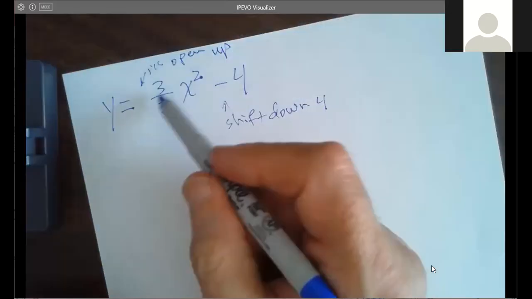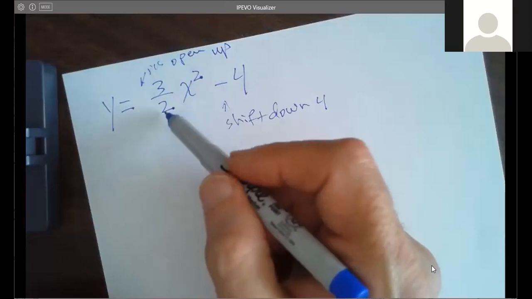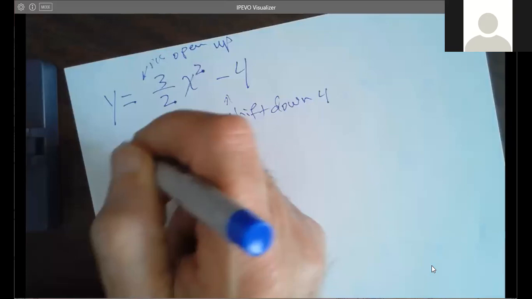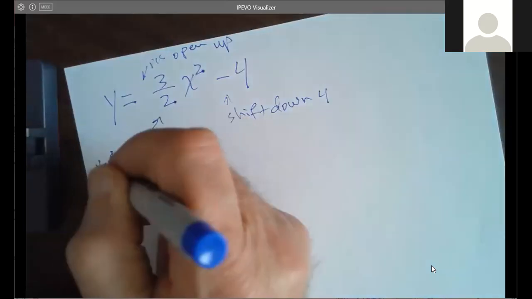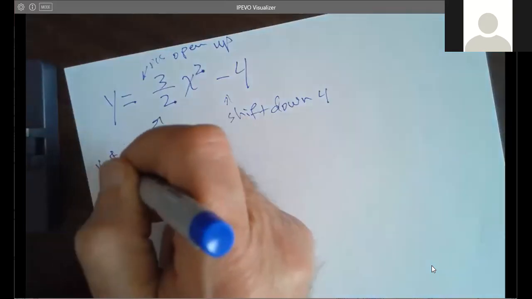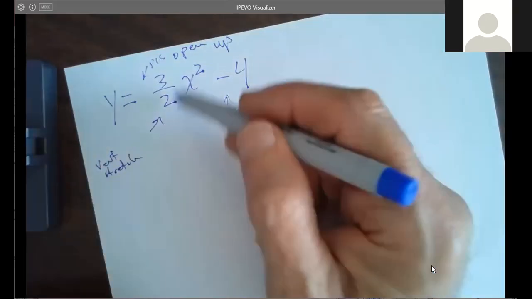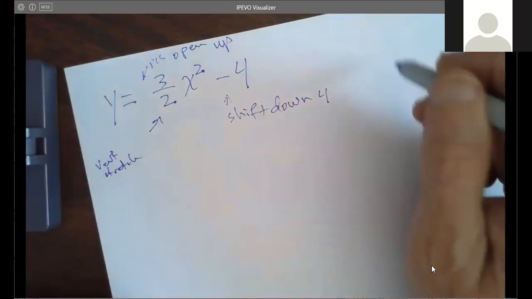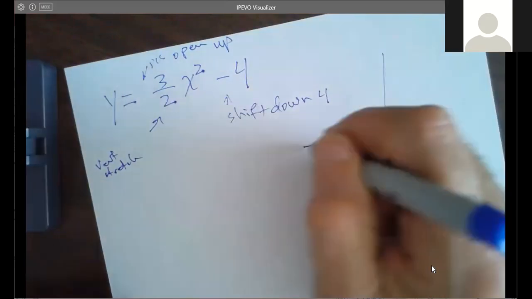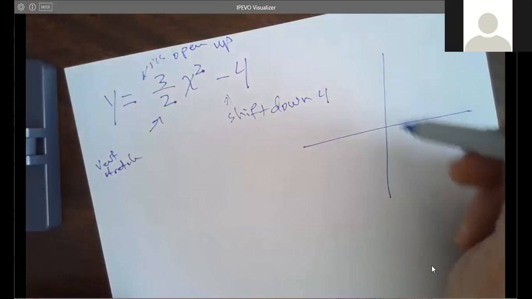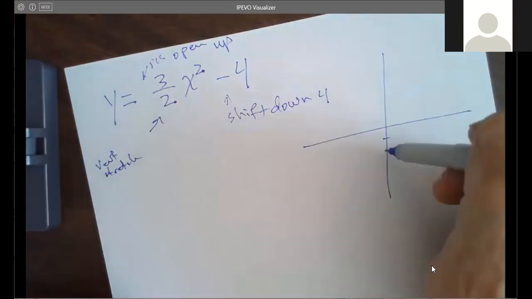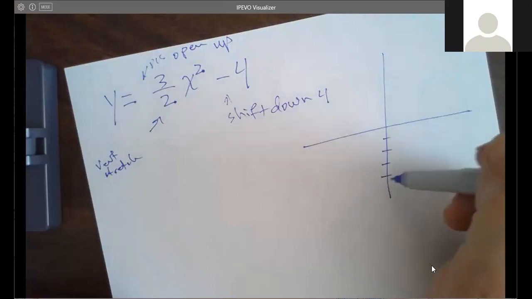Now because this is 3 halves, it's actually going to make it vertically stretch because it's greater than 1. But we don't really need to worry so much about the vertical stretching or compressing on this lesson. Okay, so basically it did not move right or left, so it's just going to shift down 1, 2, 3, negative 4.